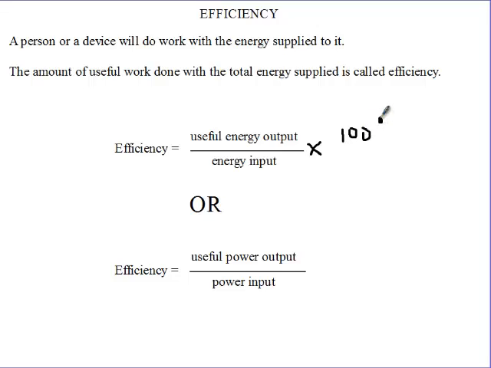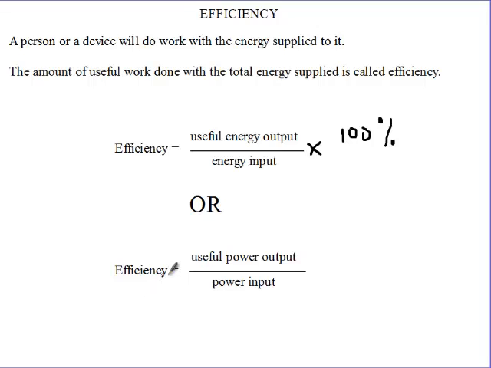So after dividing, whatever we get, we multiply by 100% to give us our answer in percent. So efficiency is equal to useful energy output over energy input: how many results you're going to produce with the resources you've been given. That will tell us how efficient you are.